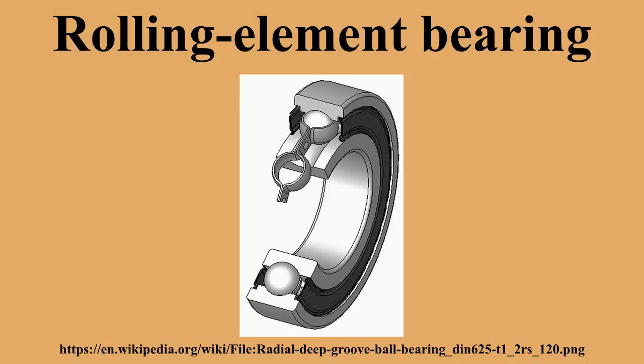Maximum rolling element bearing speeds are often specified in NDM, which is the product of the mean diameter and the maximum RPM. For angular contact bearings, NDMs over 2.1 million have been found to be reliable in high-performance rocketry applications.